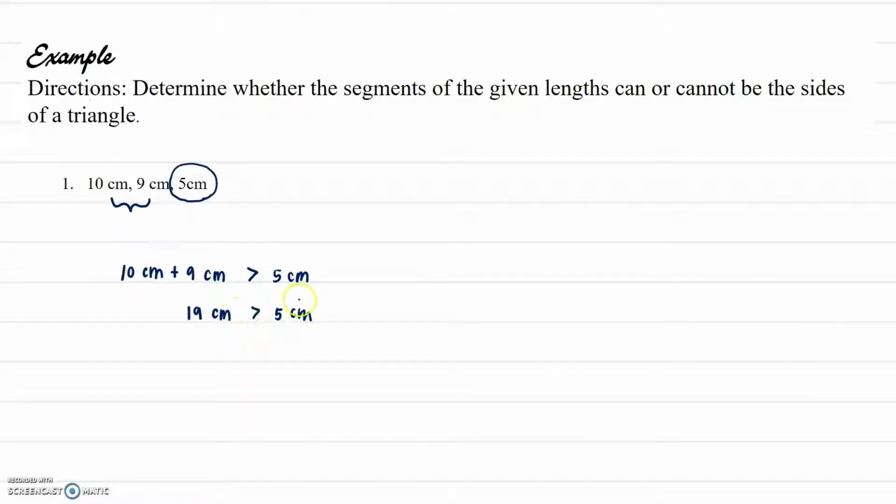Is this true or false? Is 19 centimeters really greater than 5 centimeters? Okay, yes. So this statement is true.